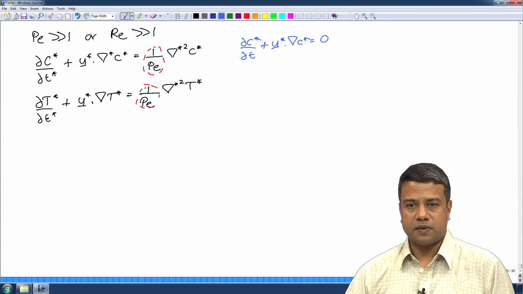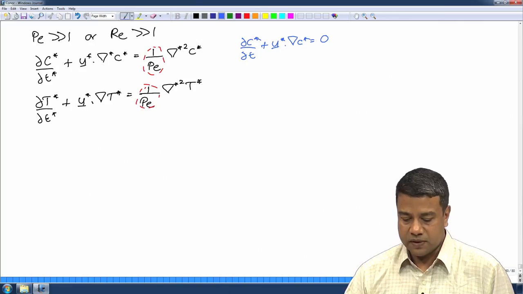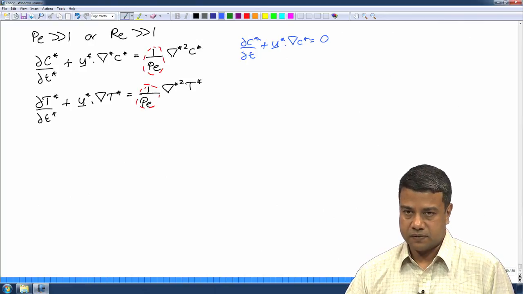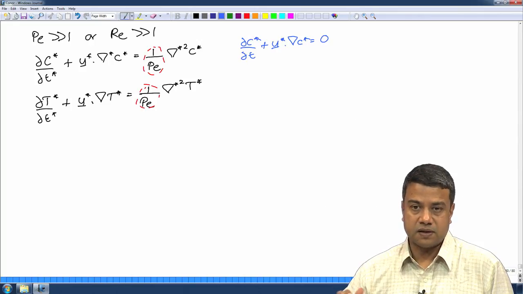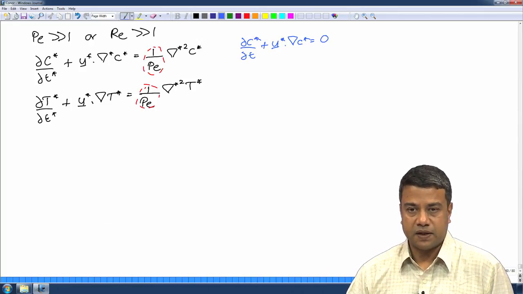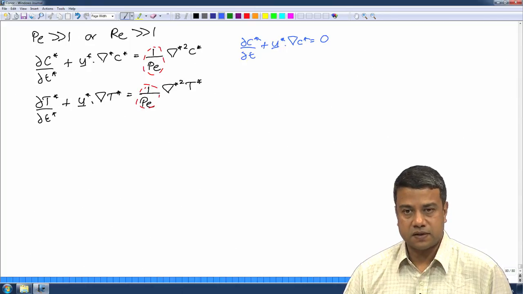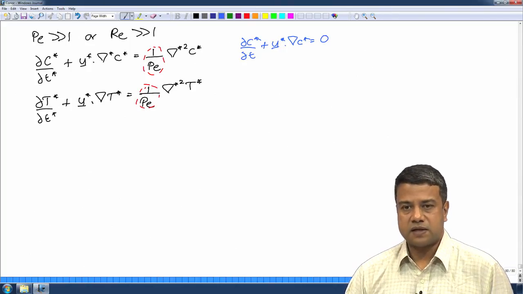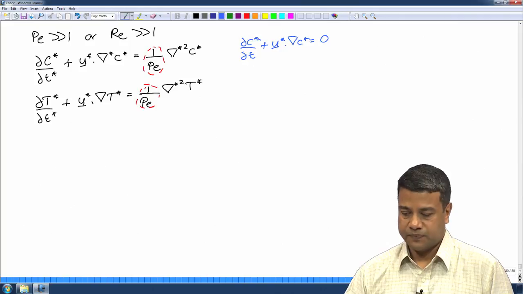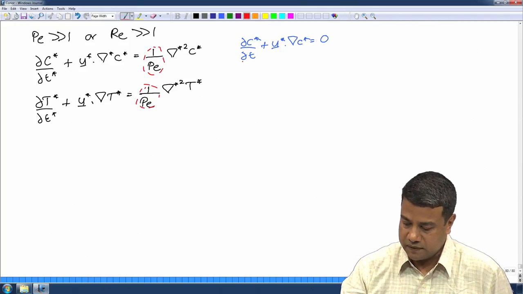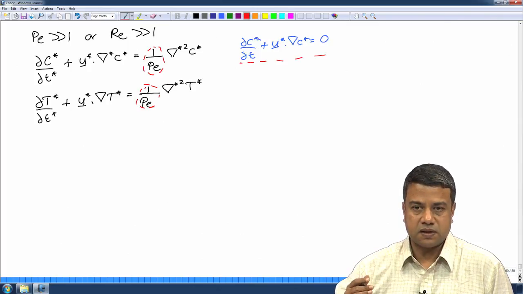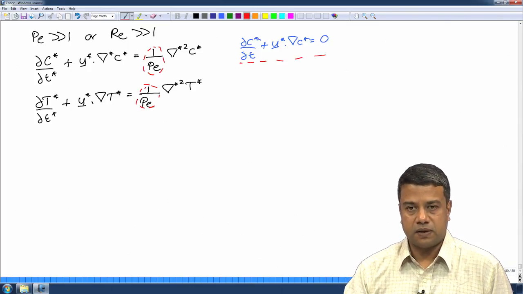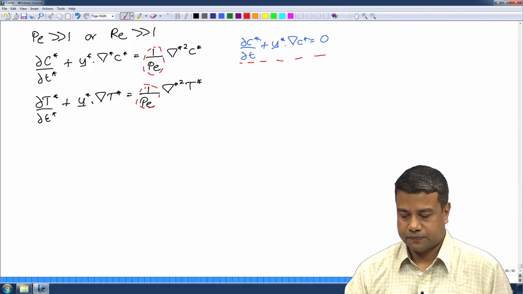If you assume Peclet number is large and just neglect that second order term, the equation reduces to a first order differential equation along the velocity direction, u dot grad. So, the variation along the direction of the velocity is first order, and you can no longer satisfy both boundary conditions. Therefore, one cannot solve an equation like this and still satisfy all the boundary conditions in the original problem. You will end up with an inconsistency.